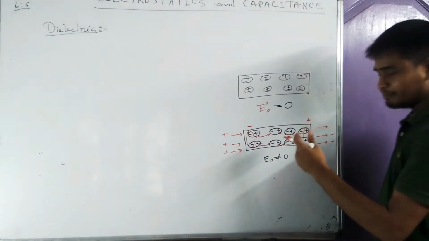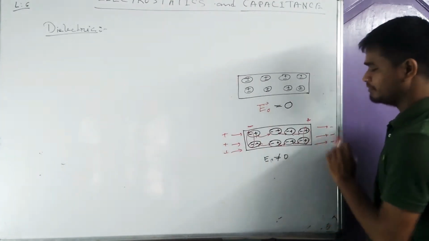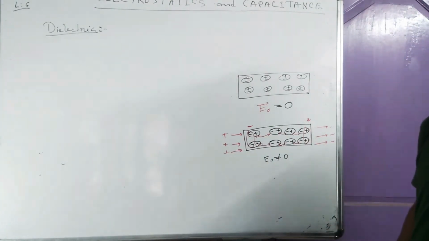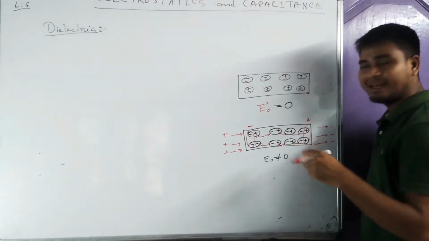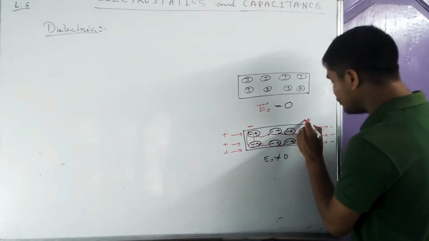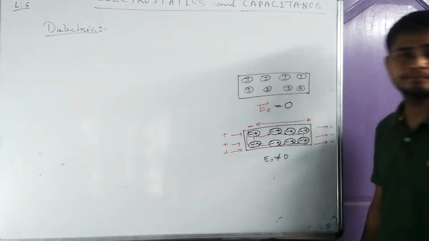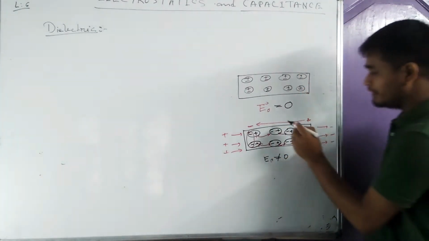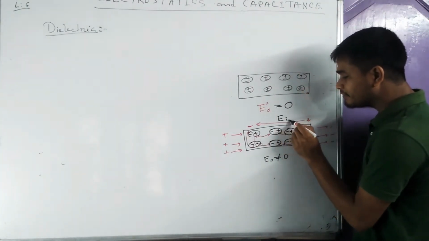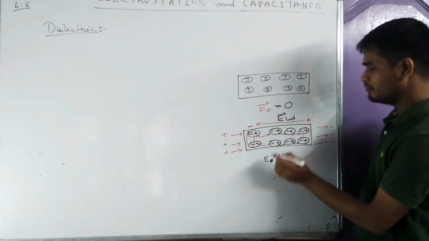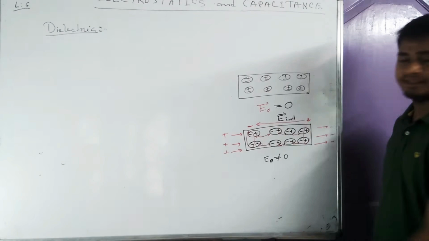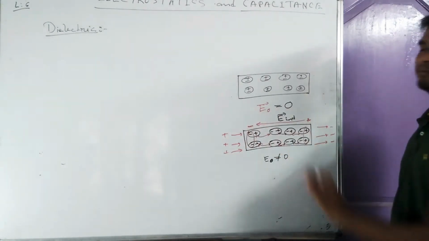Only the end positive and negative charges will be there. Clear? Therefore, there will be another electric field from positive to negative. This is called the induced electric field, from plus to minus.